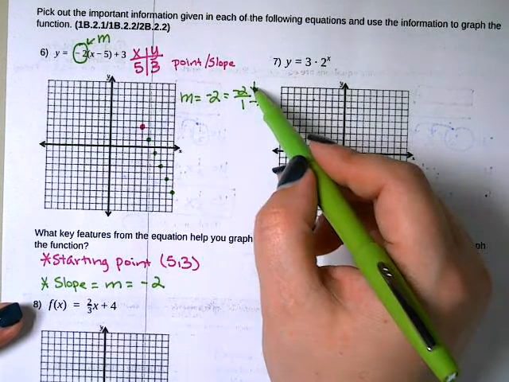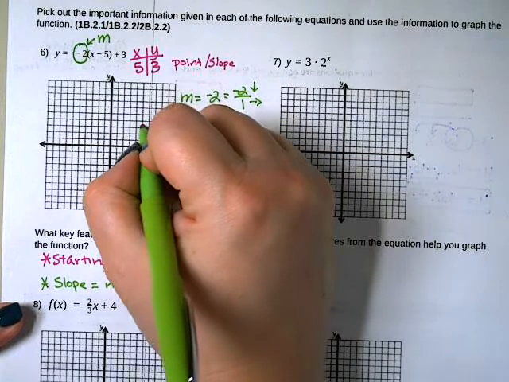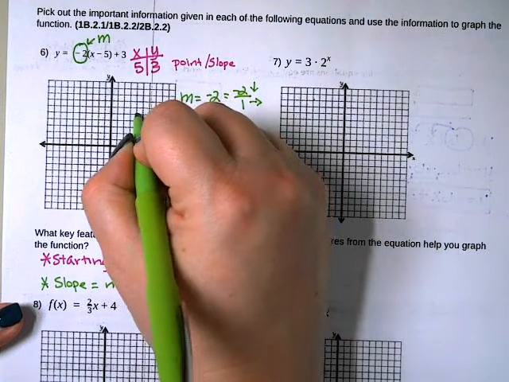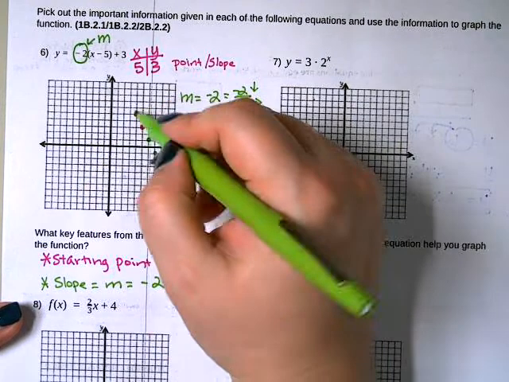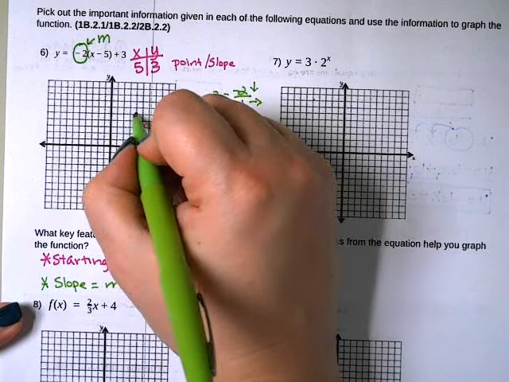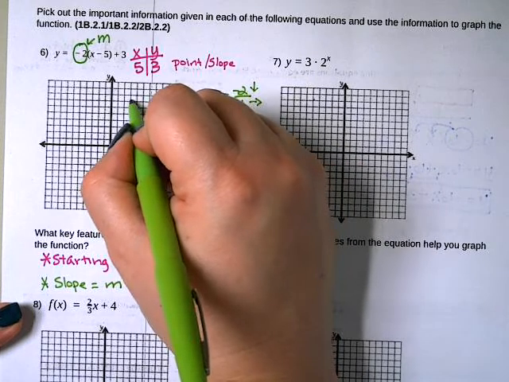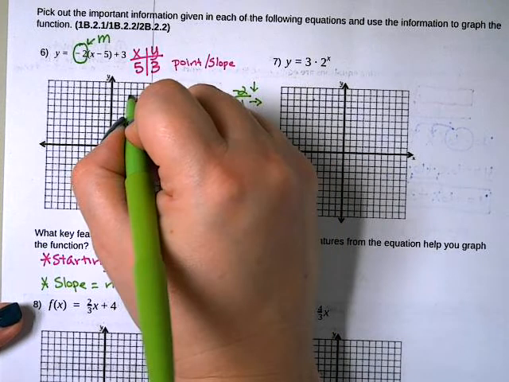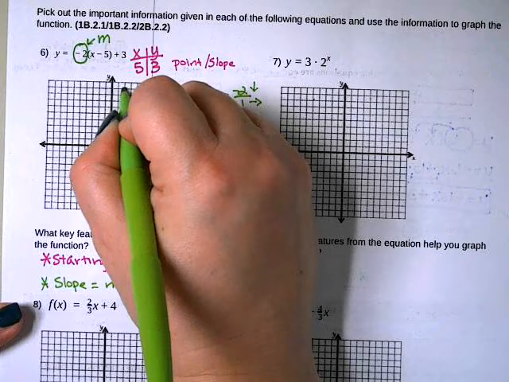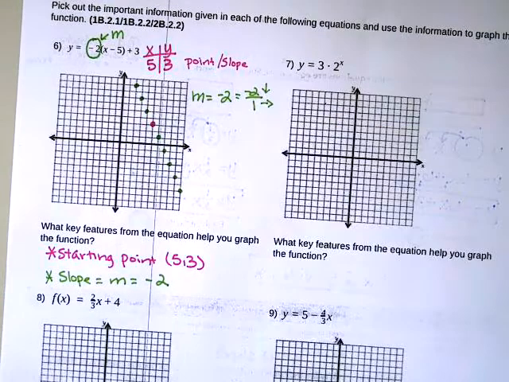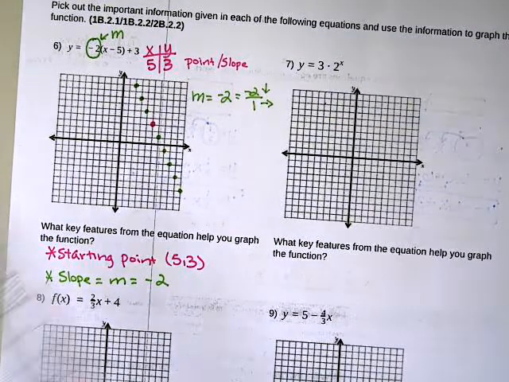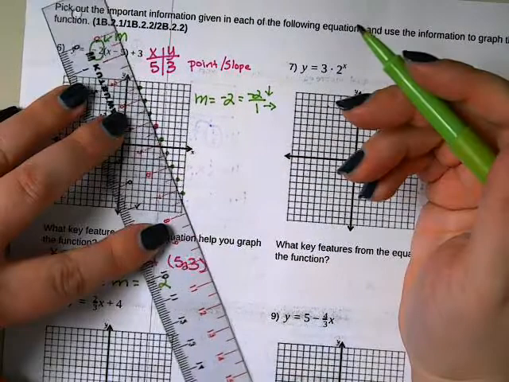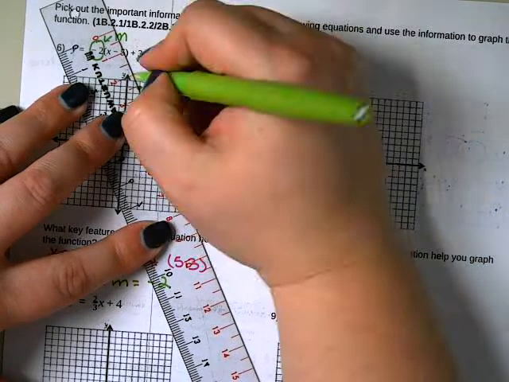So since I went down and to the right, I'm going to go up 2 and to the left 1. I'm going to go up 2 and left 1, and now I'm out of space. So now I can use my ruler and draw a line through all those points.